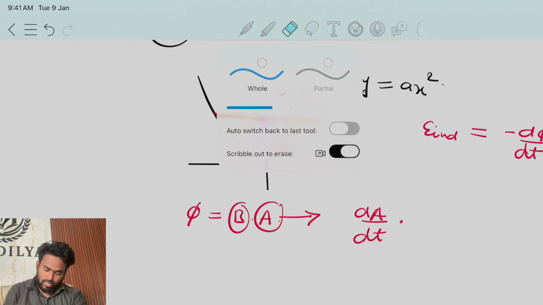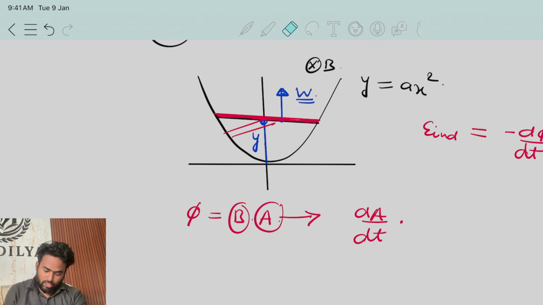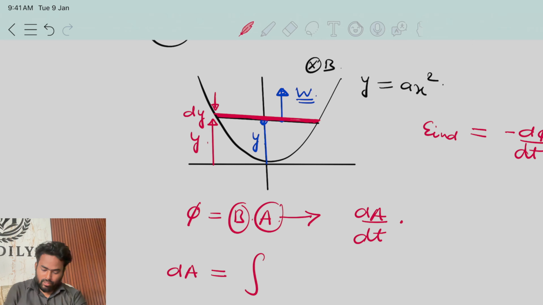So let's start. Now for this one, I will take an element of width dy at y distance from the base. At y distance we take the element dy. Okay, now if I talk about the elemental area, see, this height is the x coordinate, and the width we have already taken, dy.